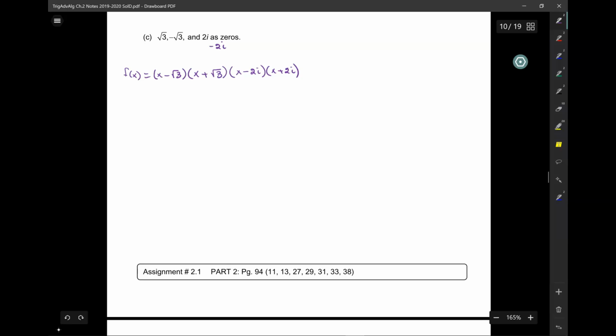Okay, let's just look at what we have here. Here I have x minus something, x plus something. Are these real or imaginary? Real. This one, x minus something, x plus something.